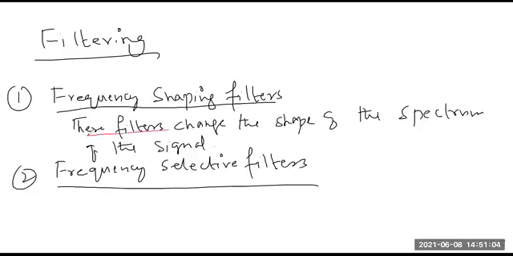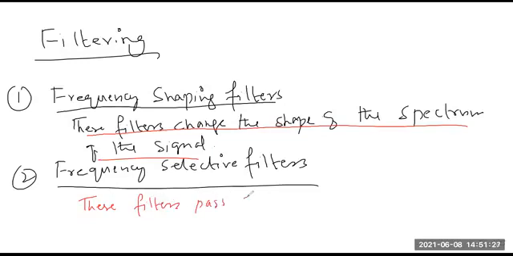Whereas frequency selective filters are those filters which pass some frequencies and block certain frequencies. So these filters pass some frequencies essentially undistorted.